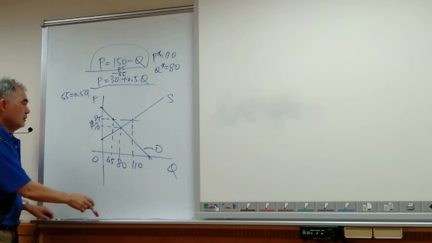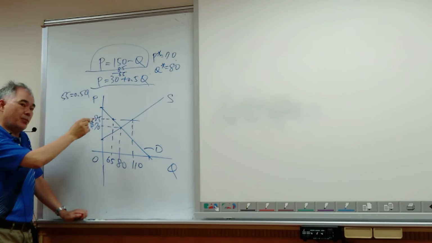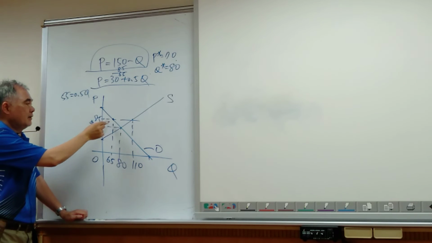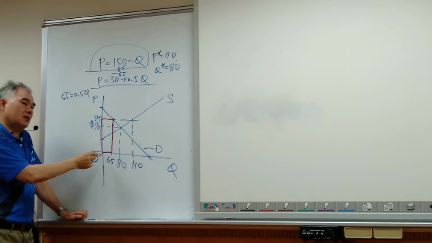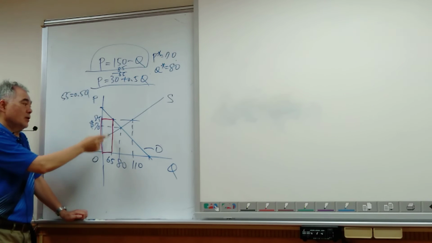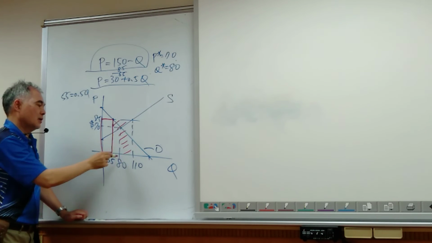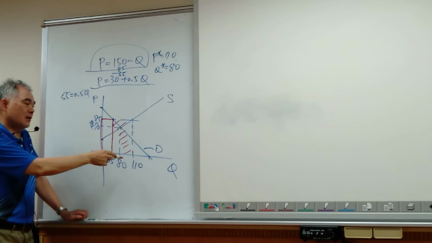So basically, if the government supports this product at price 85, then this part is going to be purchased by consumers. But this extra supply, the excess supply, is going to be paid by the government.